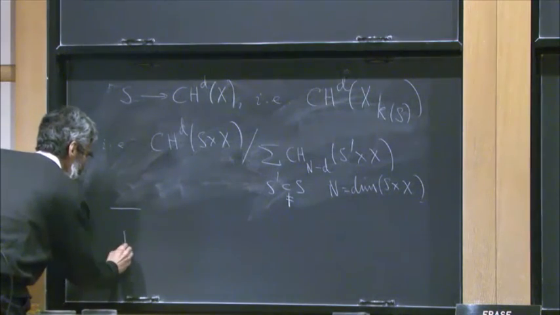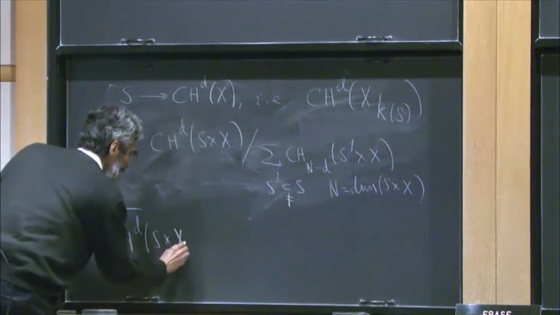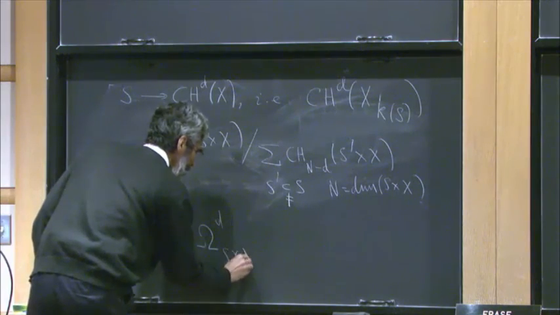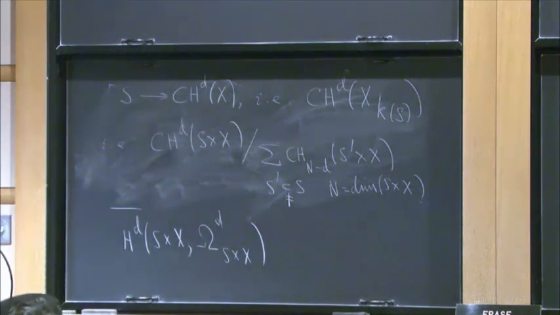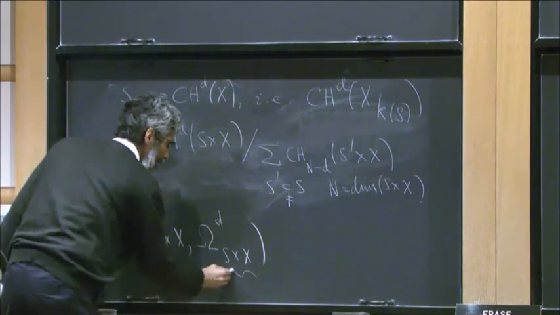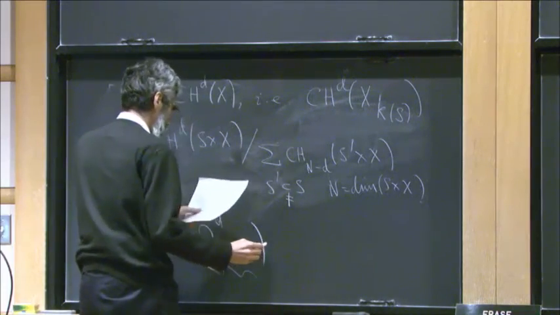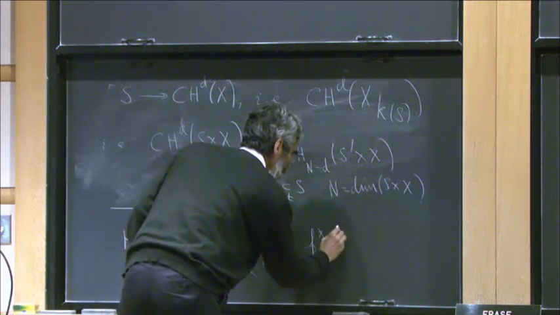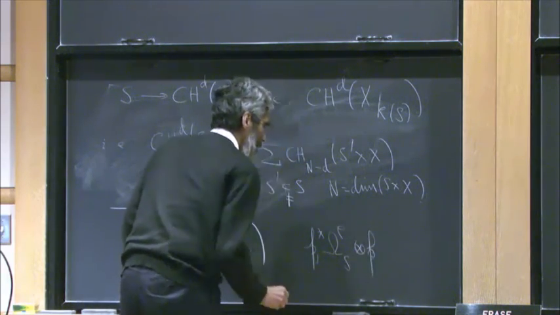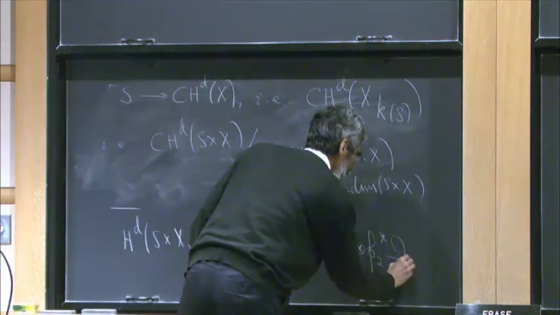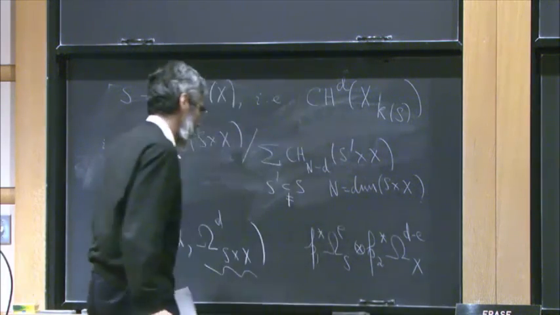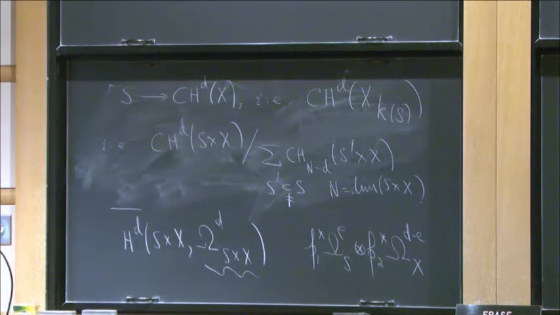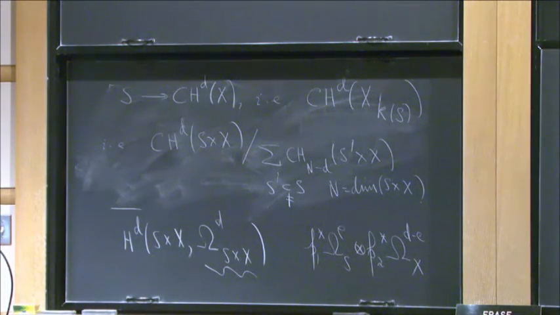So you have cycle classes in H^d of S cross X, omega^d of S cross X. And this you can break up as a direct sum of sheaves, p_1^* omega, and so on. Then Künneth gives you lots of things there, but one omits a lot of them.